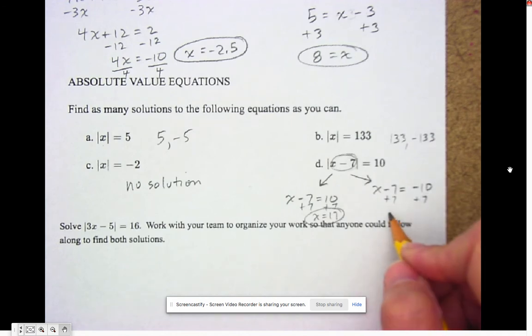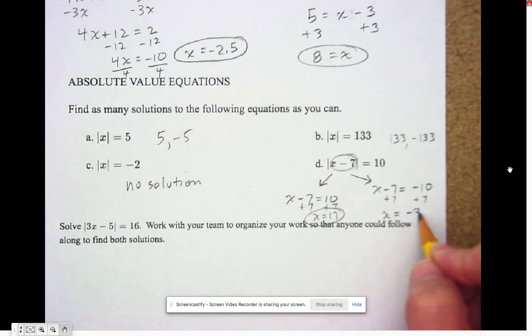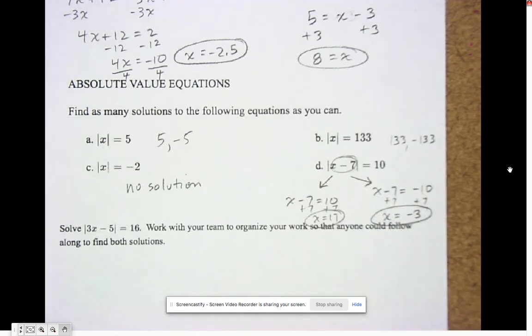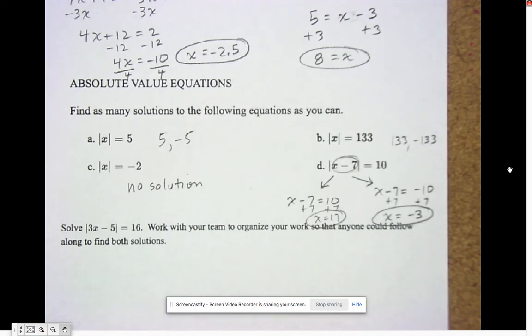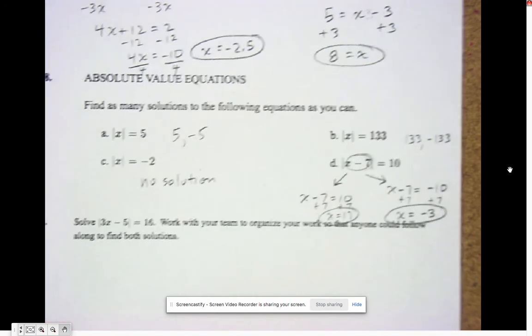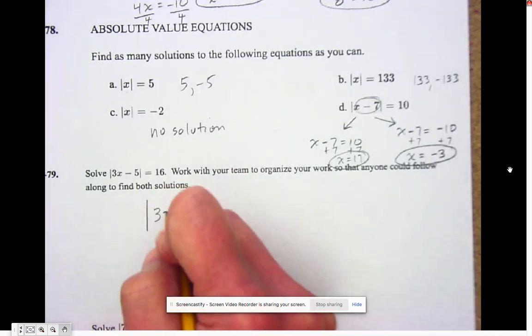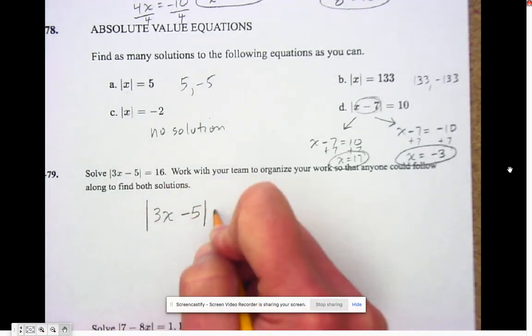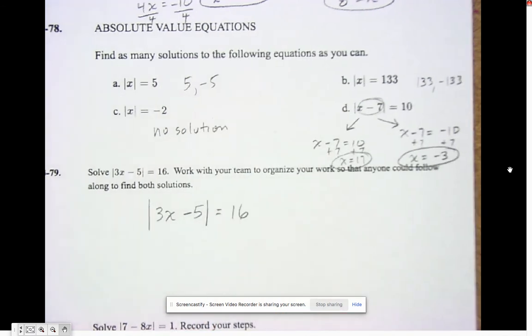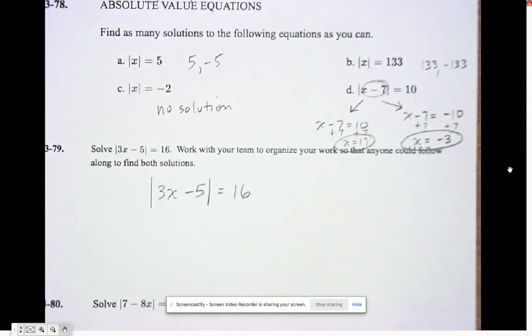Okay, so x would have to equal negative 3. Okay, so one thing that you're noticing about absolute value equations is that often there's two answers that will work. Okay, let's try and figure out this one. We've got the absolute value of 3x minus 5 is equal to 16. What do you think x is?